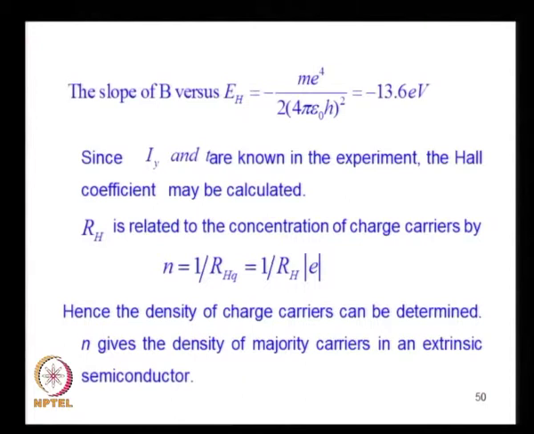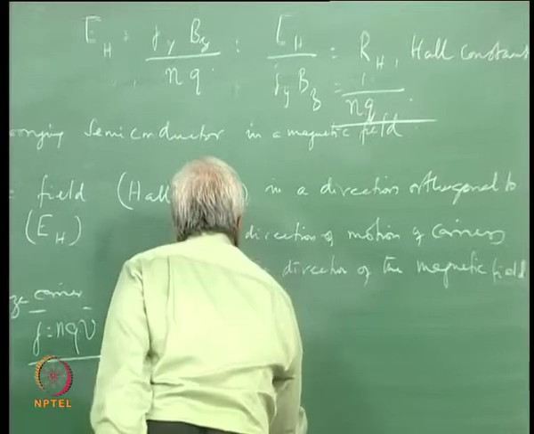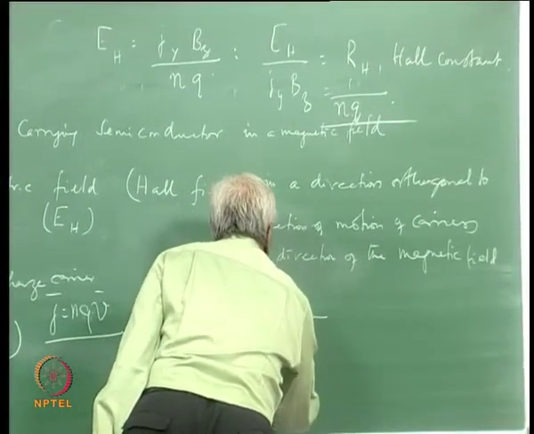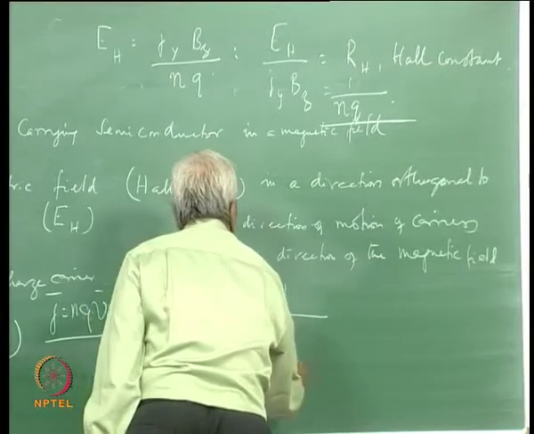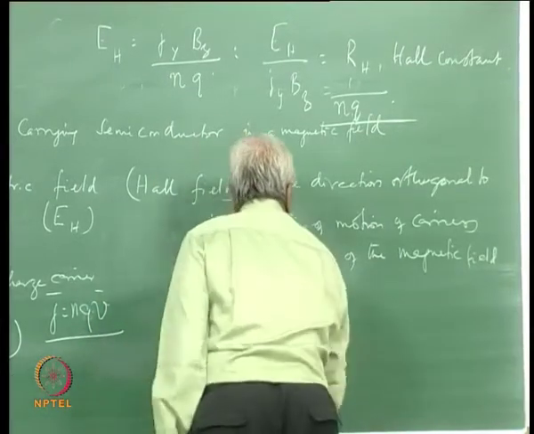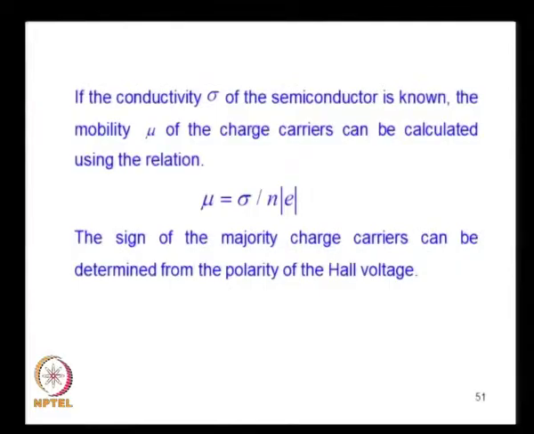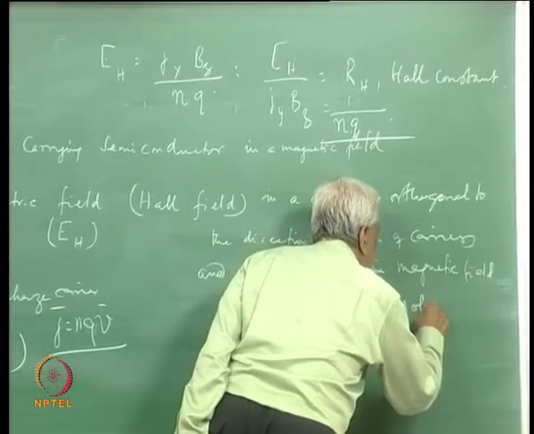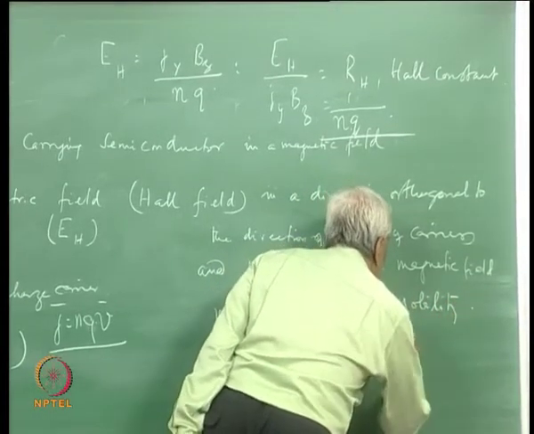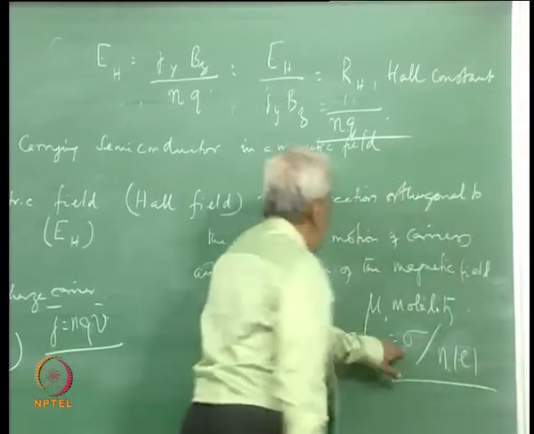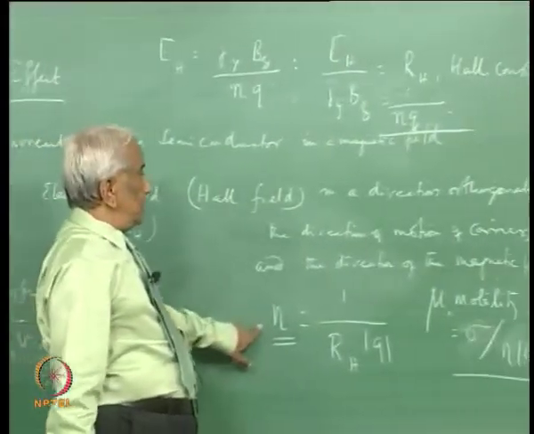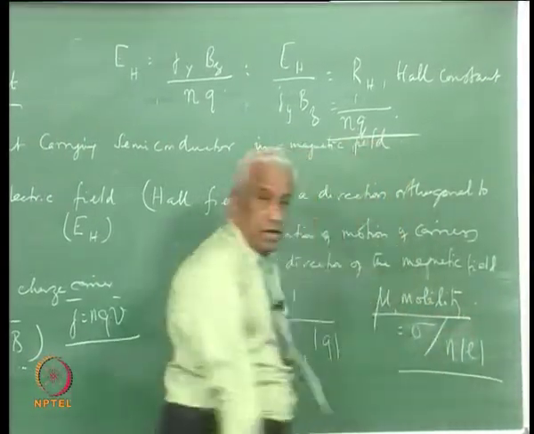The Hall constant is related to the carrier concentration. So, n equals 1 by R h and then the magnitude of q. So, one can straight away measure the carrier density by measuring the Hall constant, and since the mobility is just the conductivity divided by the charge and concentration, therefore, if we know the electrical conductivity and the concentration, one can determine the mobility as well.